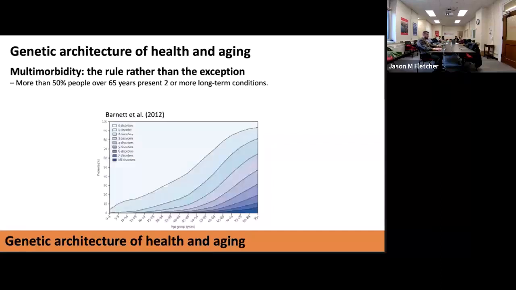So this plot here shows the percentage of patients with different numbers of chronic conditions across age groups. We can see that more than 50% of people over 65 years present two or more long-term conditions, resulting in complex multimorbidity patterns. Multimorbidity has been associated with functional decline and worse quality of life, and of course with elevated healthcare costs.